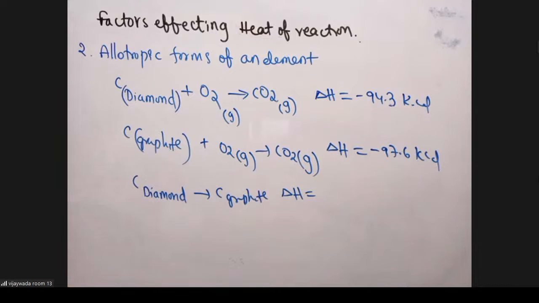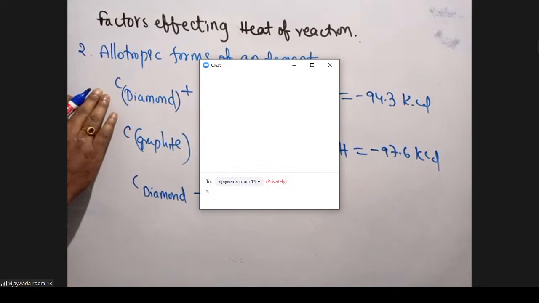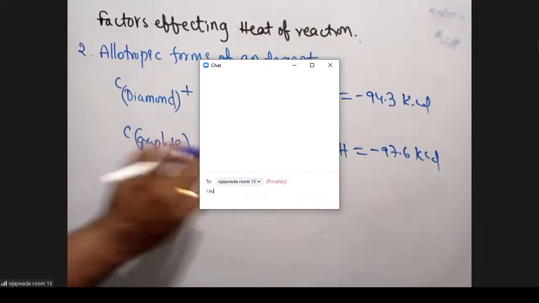Abhinash, very good. And how can we calculate carbon diamond converted into carbon graphite? Very easy. We need diamond on the reactant side and graphite on the product side.